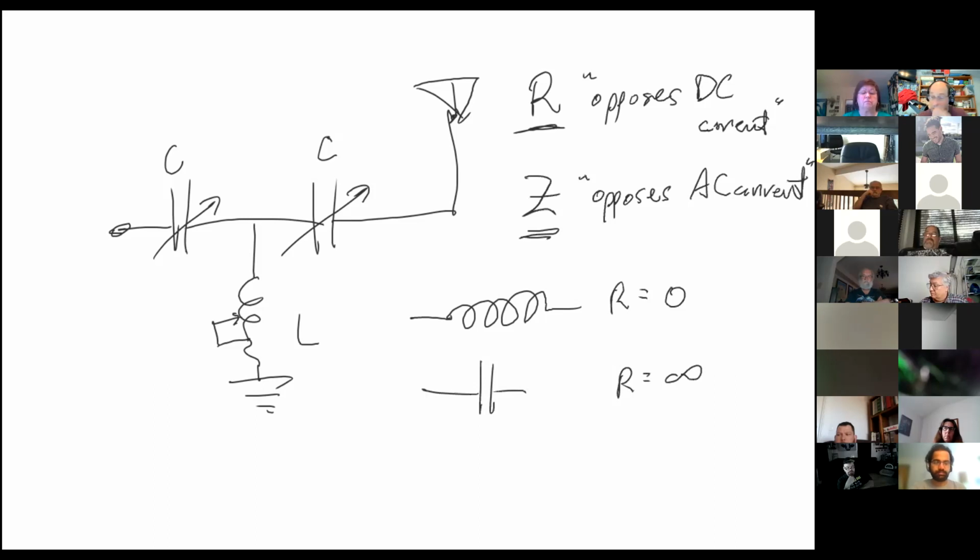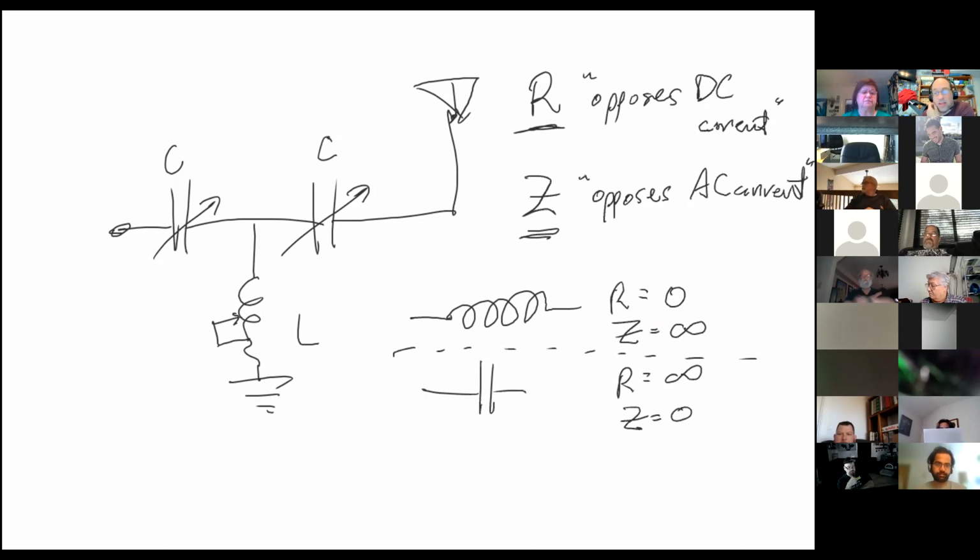But as it turns out, the impedance is not zero, and the impedance is not infinity, because with AC, everything reacts differently. So in the extreme, we could say that the impedance is infinity for one and equal to zero for the other. But that's not complete. That's in the extreme.